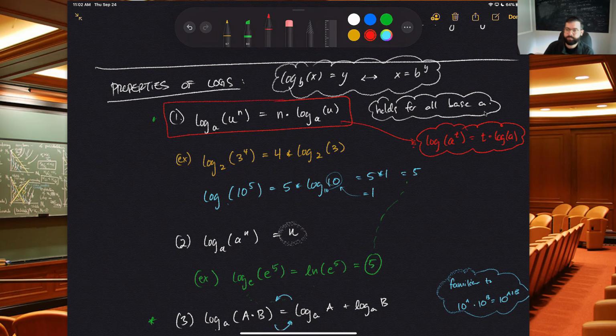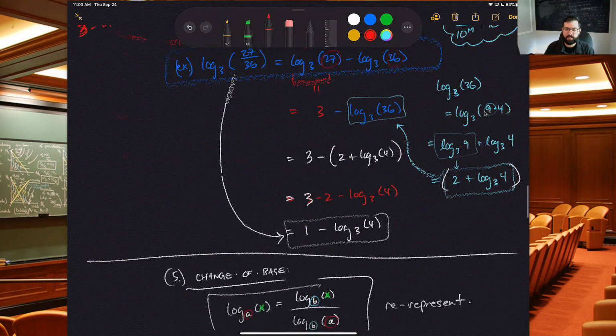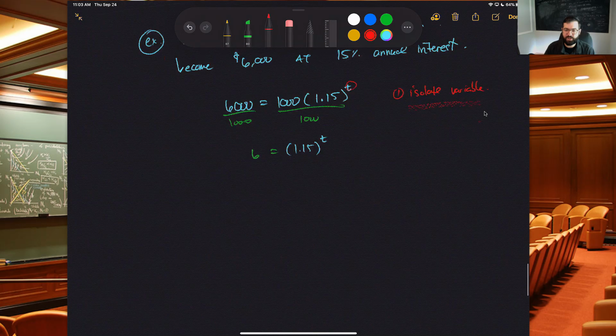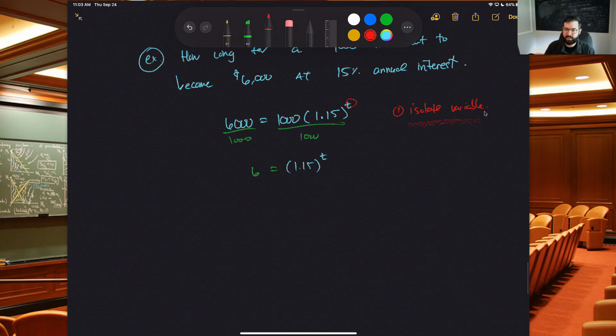That's big, because now we have access to the input variable, right? It's being multiplied instead of being raised as a power. But we can't just do that, right? We can't just take the log of the right side. We need to use the balance principle.